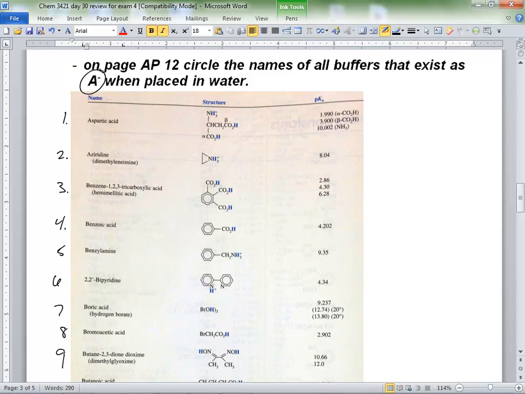You're looking for all of the buffers that exist as A- when you put them in water. So you're putting in aspartic acid. You're putting in benzoic acid. You're putting in benzylamine. You're putting in boric acid, right? Which one of these are going to correspond to the conjugate base form? Now, this is going to be a really basic solution because it's all conjugate base.